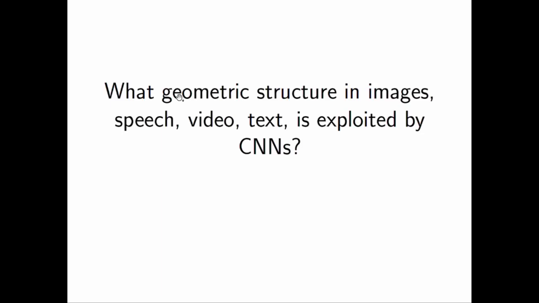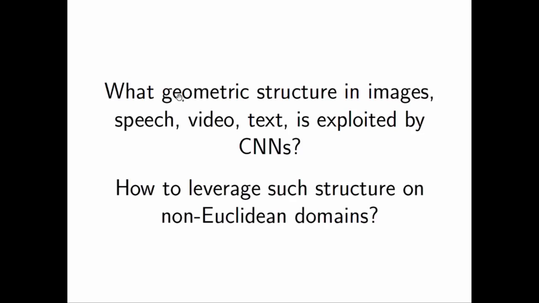What kind of geometric structure makes convolutional neural networks successful in images, speech, and text? And if we understand some intrinsic or universal properties that make convolutional neural networks successful, how can we leverage this information on domains that are non-Euclidean?